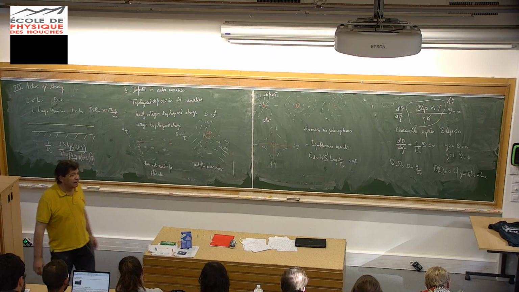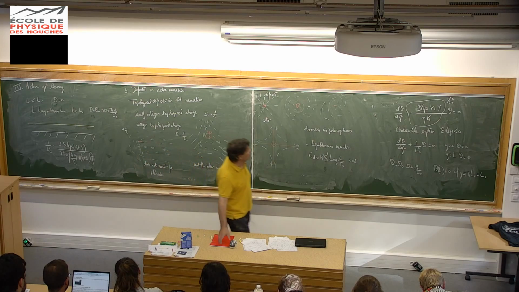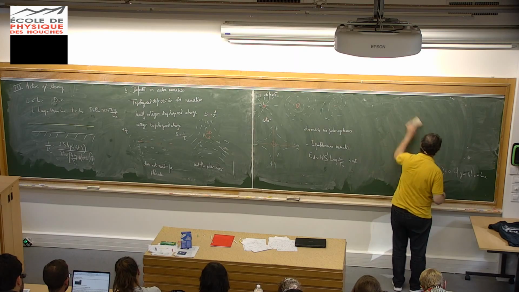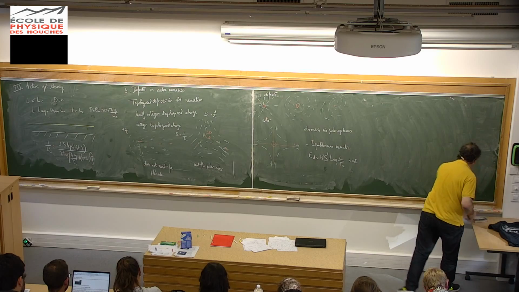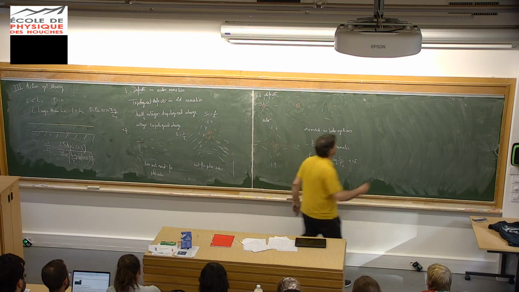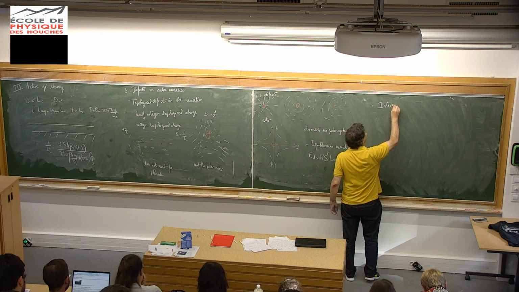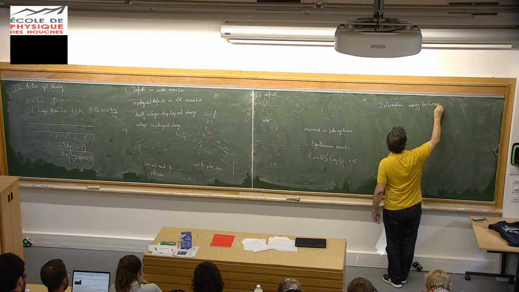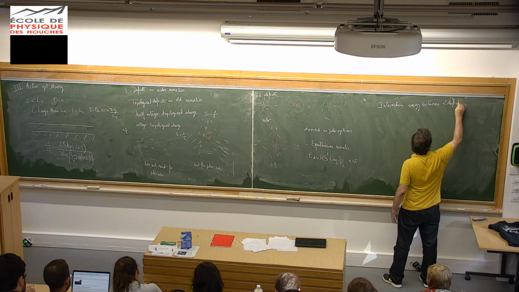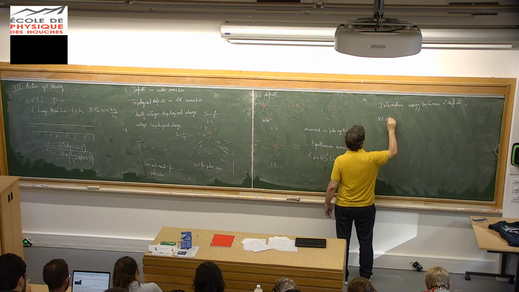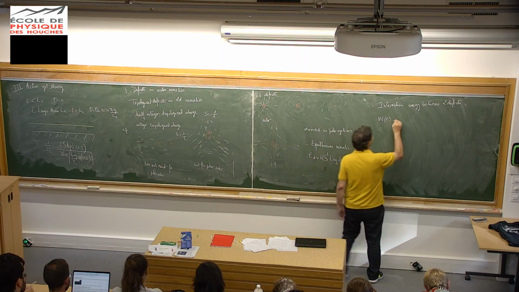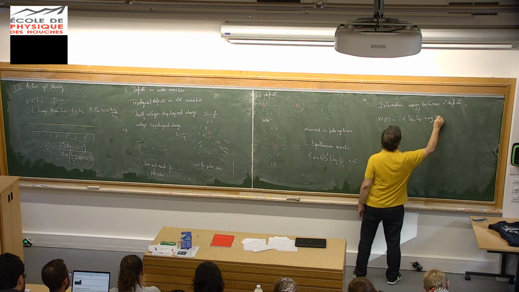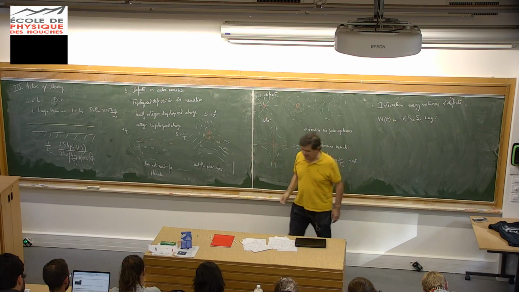Now, defects interact. They interact like charges in 2 dimensions. So the interaction between 2 defects, W of R, is minus K S1 S2 log of R, and there's a constant which is pi or something like this.